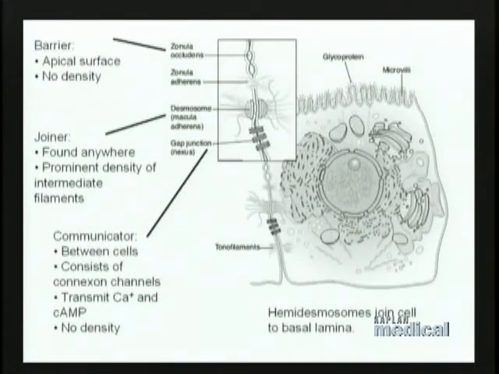Next, let's look at the specializations that occur in the form of junctional complexes that are found either uniting one cell to another or helping maintain the integrity of one cell by binding it down to the underlying basal lamina. Fundamentally, we can divide the junctional specializations between cells into three different forms. At the luminal surface of the epithelium, typically will be found a zonula occludens, which is also known as a tight junction.